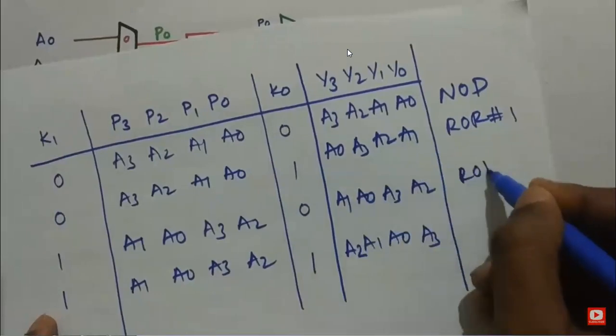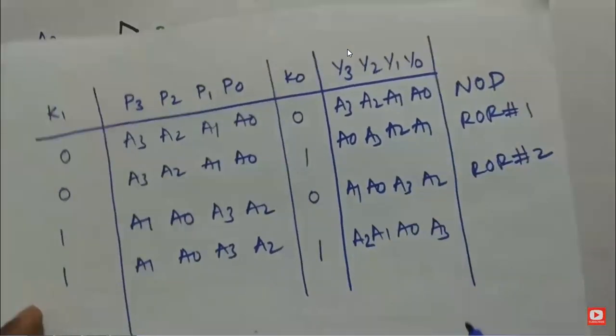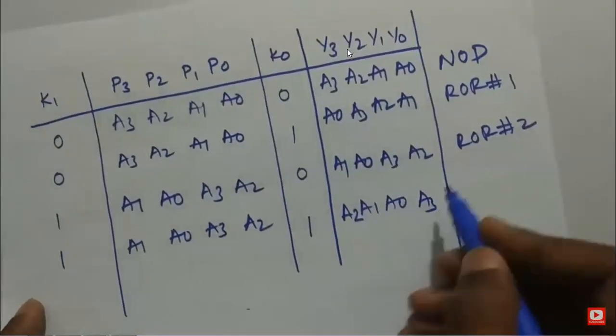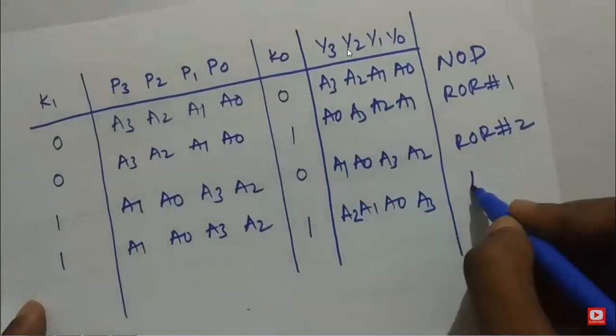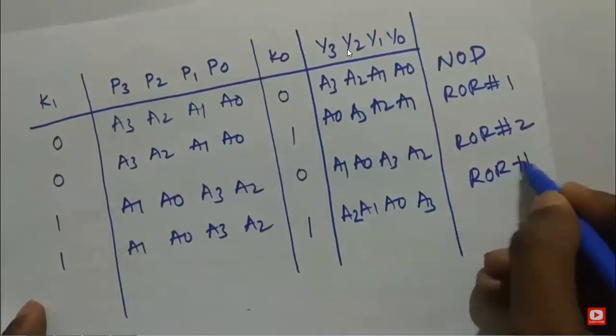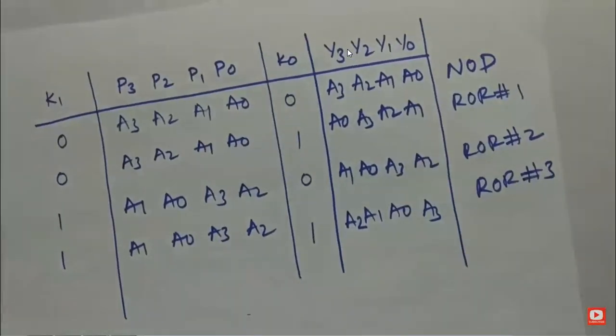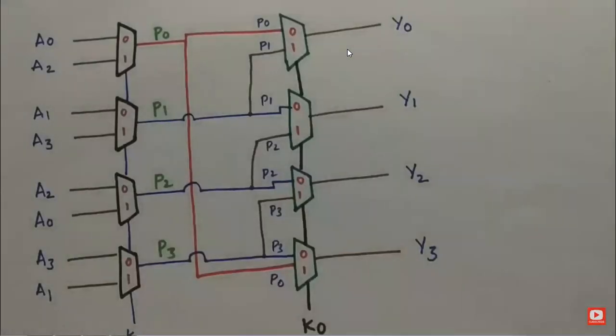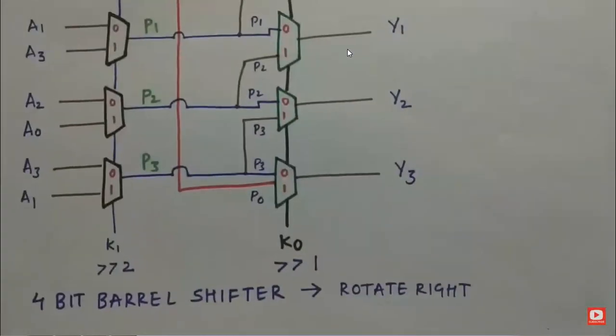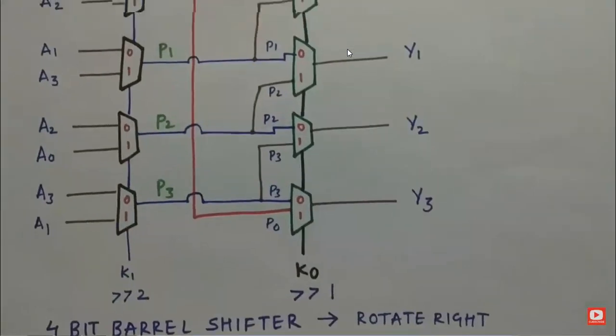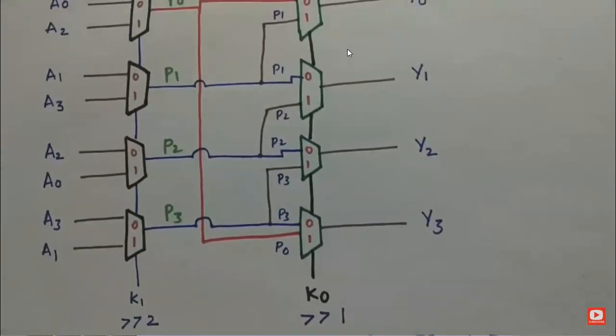So this is rotate right by 2. Here A3 is being shifted by 3 bits and A0, A1 and A2 are rotated. So it is rotate right by 3. So by this you might understand that these multiplexers are performing operations of rotate right by 1, 2 and 3. Okay, this is a logarithmic barrel shifter.